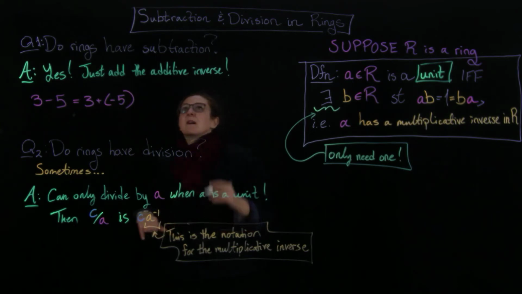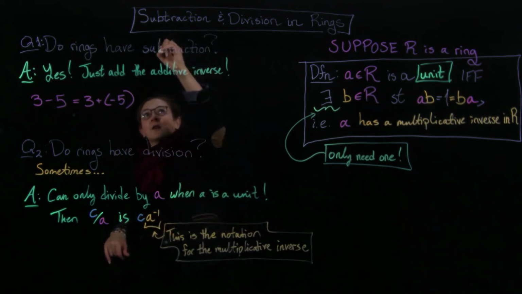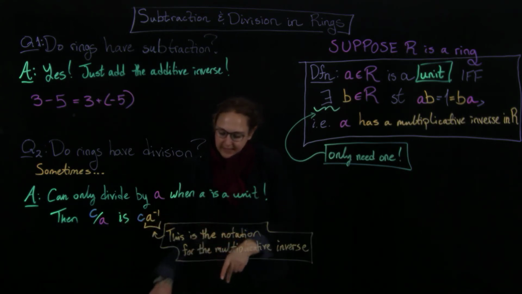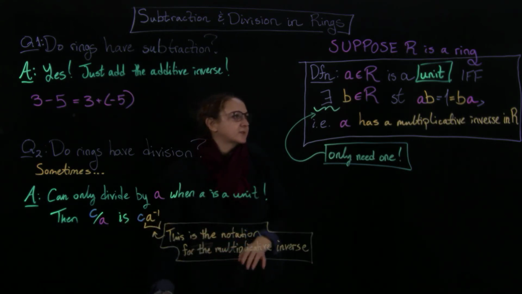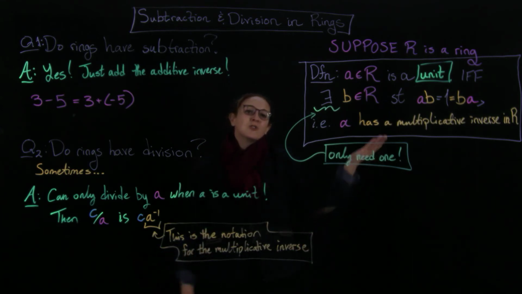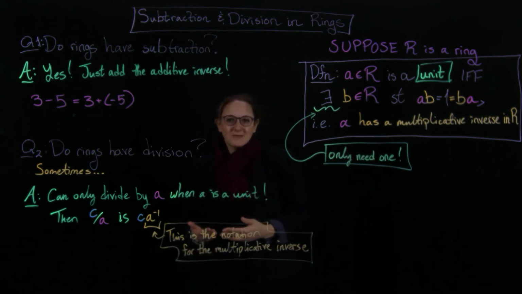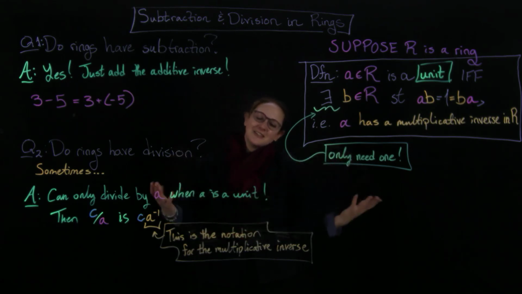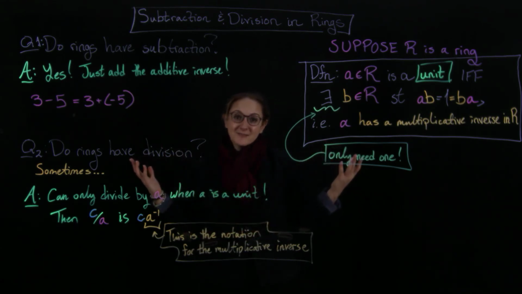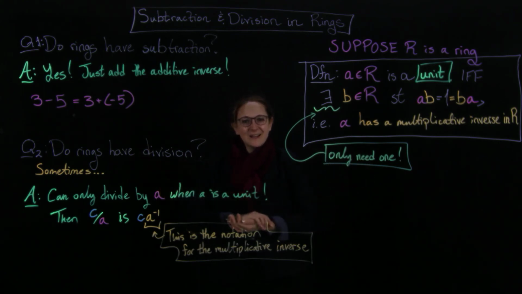And for division, when can you divide? The answer is sometimes, precisely when you have a multiplicative inverse, something you can multiply by your original element to get out the multiplicative identity. I hope that made some sense and was helpful, and I will see you in the next lecture.